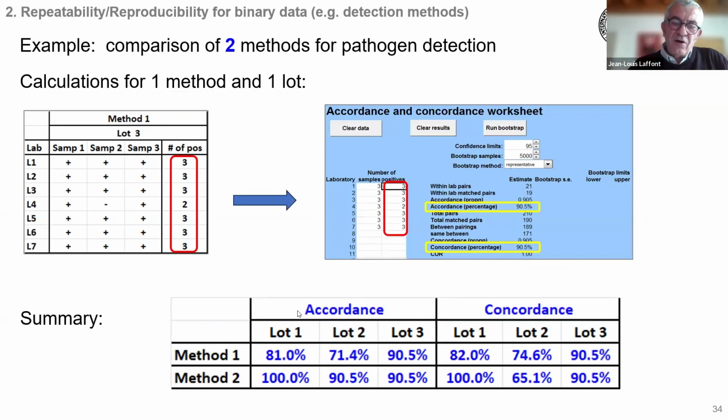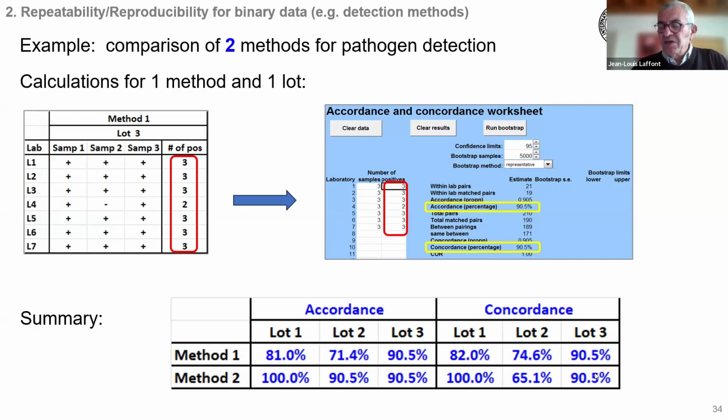Here is a summary of the results for all the lots and all the methods. For accordance, method 2 appears to be better than method 1. The accordance values are greater for method 2 than for method 1. For concordance, it's more difficult to say. For lot 1, we have good concordance for method 2.